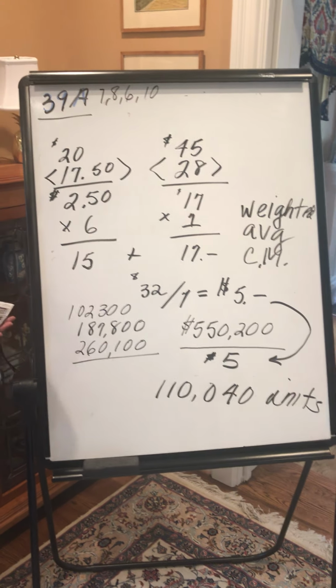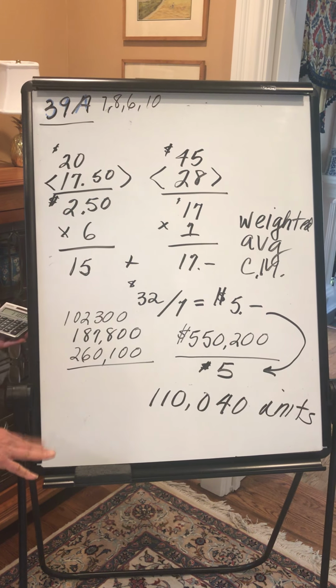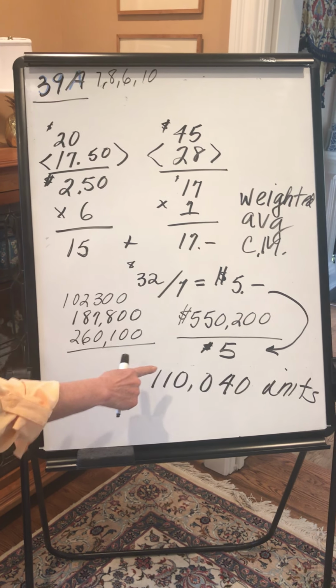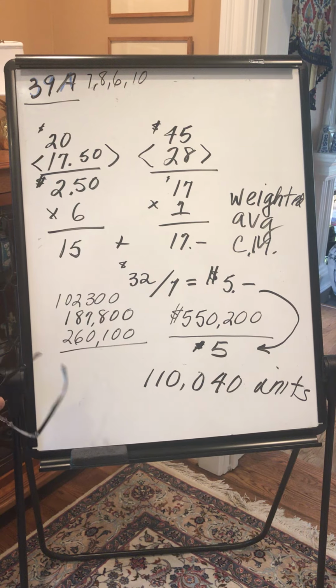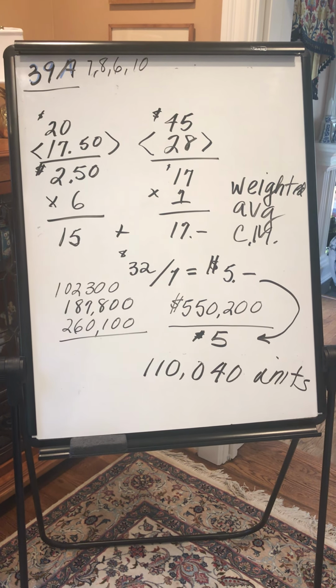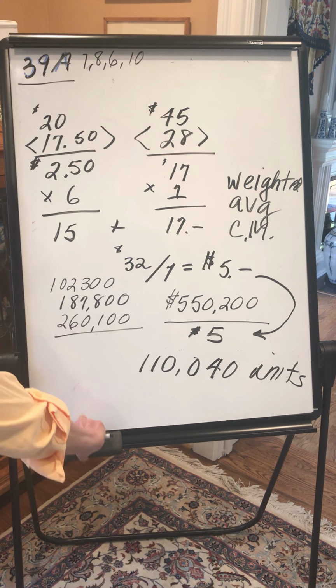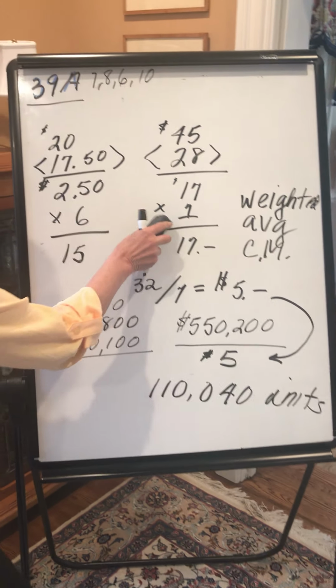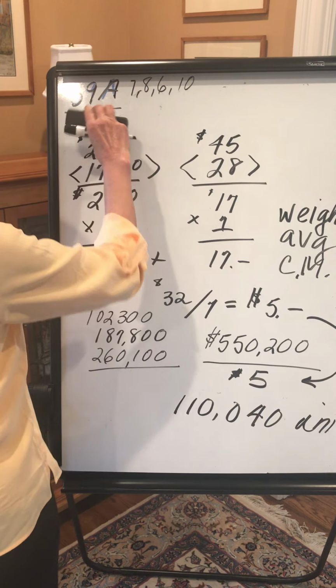Now, last part. So we now know that we need to sell this many units. We're going to figure out how many of each. Well, this part, the math is pretty easy. I will erase this. Remember, it's one of these to 6 of these.